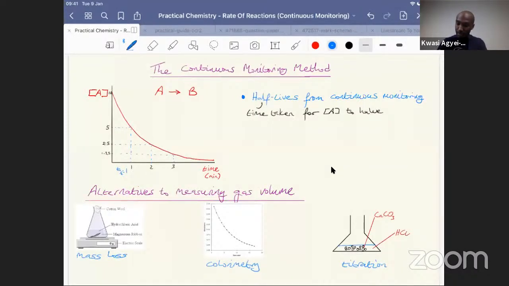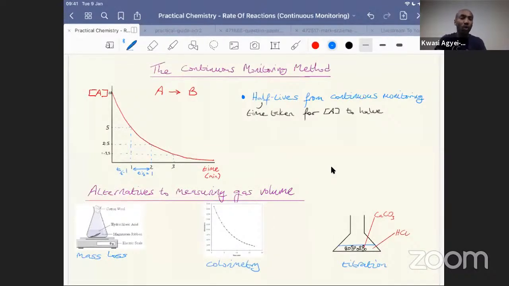So again, we're going to be looking at 2.5 on the vertical axis, drawing this dotted line to our curve, and then down to our x-axis. And this time round, we're going from 1 to 2. Okay, and again, we find that t half is equal to 1. So we've gone from 1 minute to 2 minutes. So half-life is 1 again.